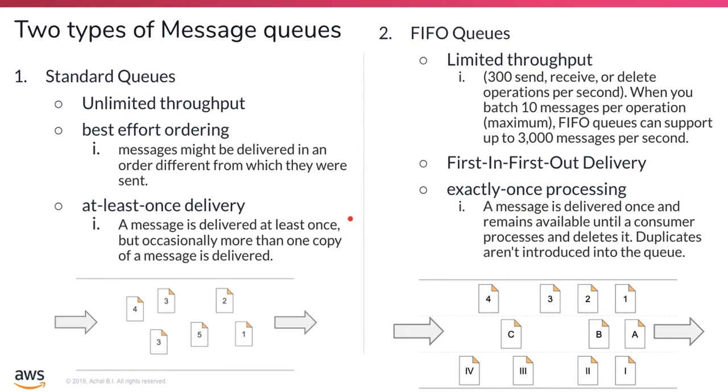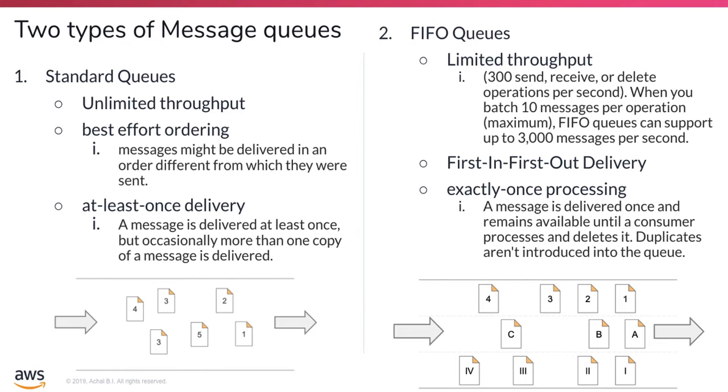So standard queues were created at the very beginning of SQS, and they give you ultimate, unlimited throughput. There are no restrictions on your throughput. They give best-effort ordering, but messages are not always delivered in order, and they give you at-least-once delivery.